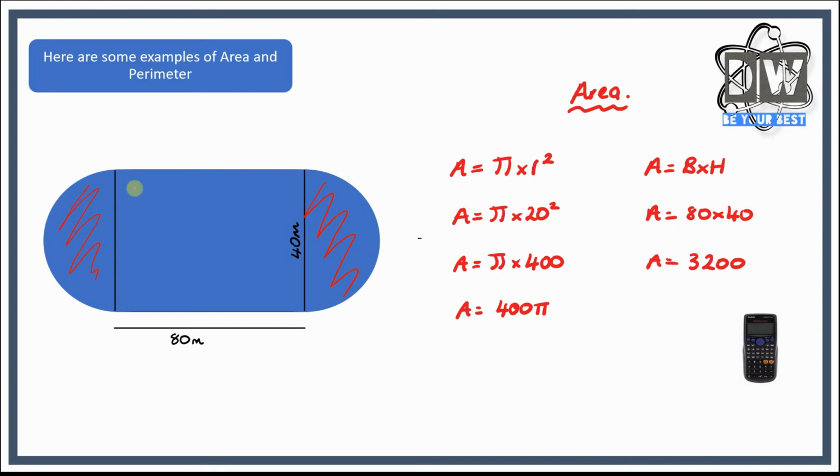We've found out the area of this shape here now, and very simply we're going to add those together. So we have the area equaling 400 pi plus 3,200, and when we work that one through, we end up with area equaling 4,456.64 centimeters squared, because it's meters squared.